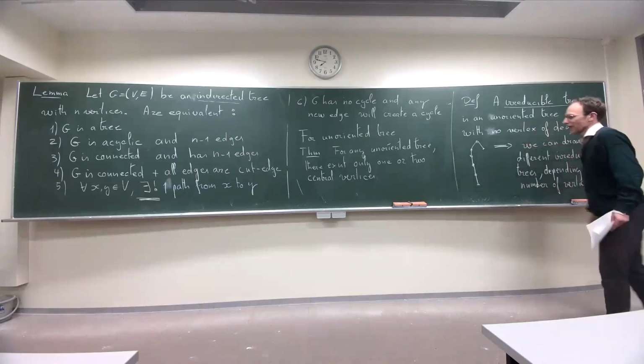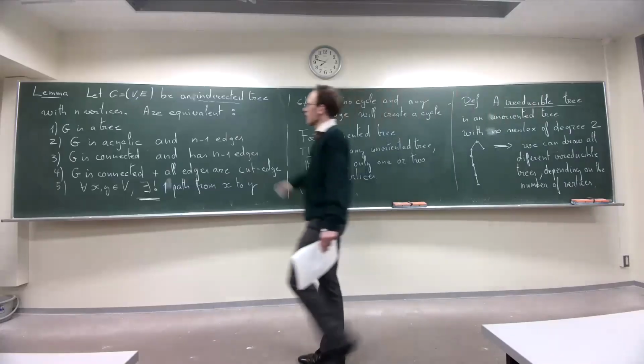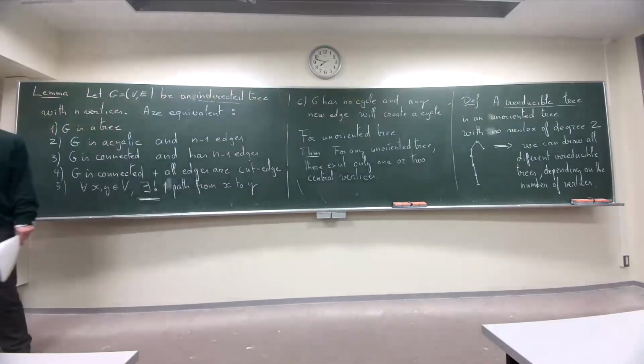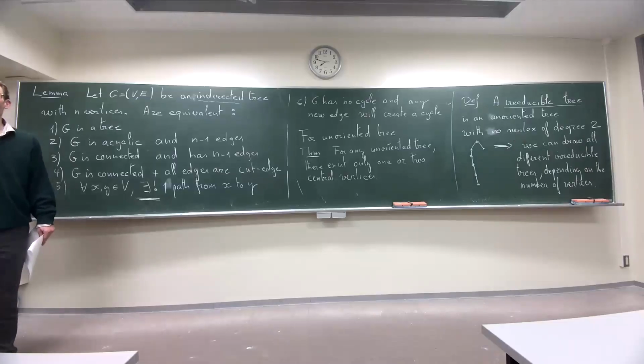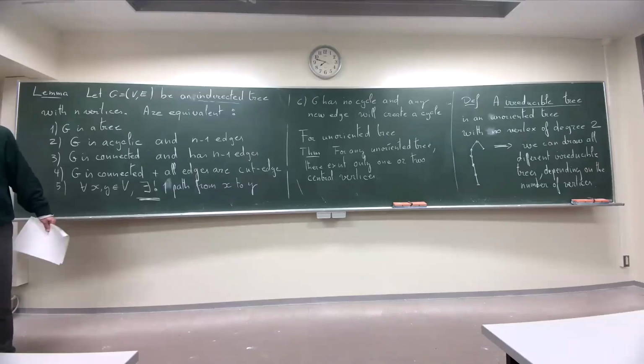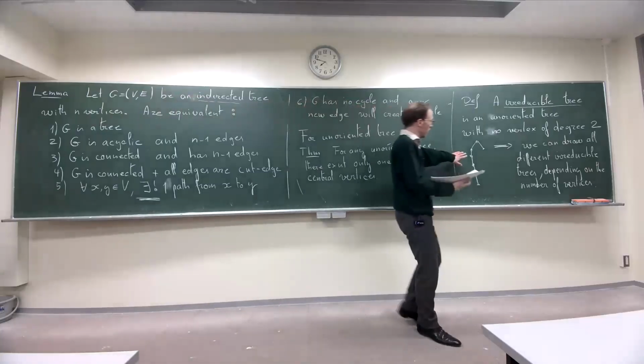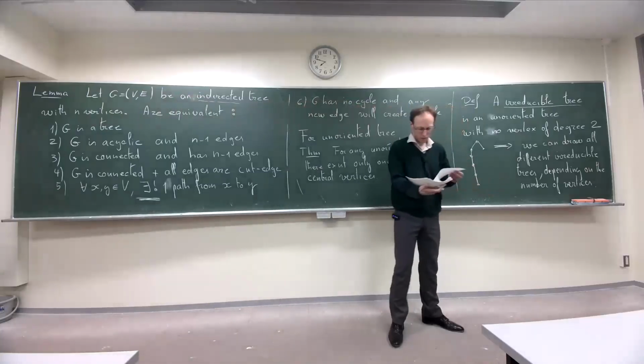In fact, it's the same as the number of edges, because if you have n vertices, you have n-1 edges. So if you do the list with n vertices, it's the same as doing the list with n-1 edges. And you can make these pictures, and it's quite nice. But you have to eliminate this boring situation.